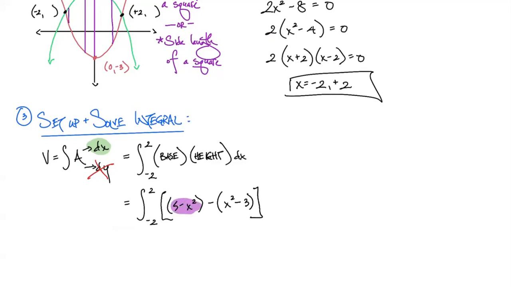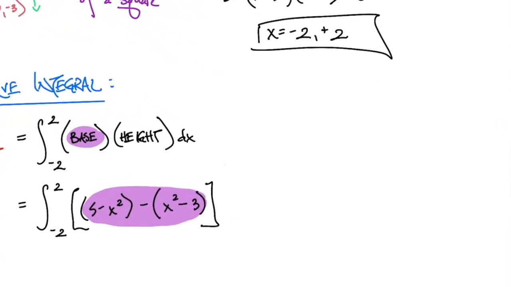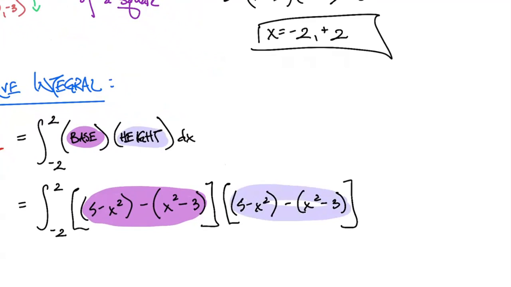So this whole thing, once I simplify it, is going to be the same as the base. Now we said because it's a square, the height is going to be exactly the same as the base. Right, so this height is going to be exactly the same.